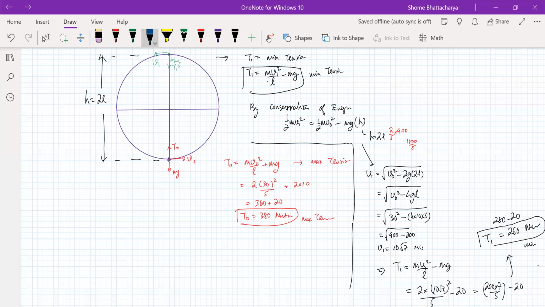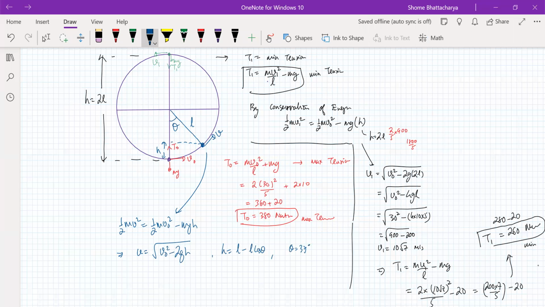Now, for example, if we want to find at a point like this, basically what is happening, by the time it reaches theta, if the speed is v, you can see that for this point, by work energy, now the h you can see will be L minus L cos theta.